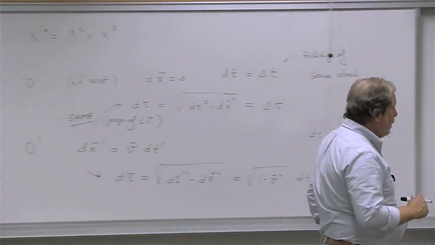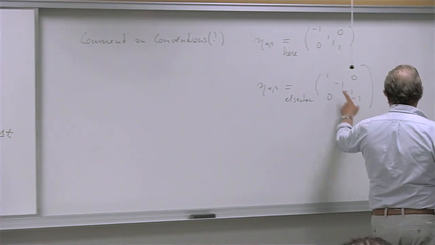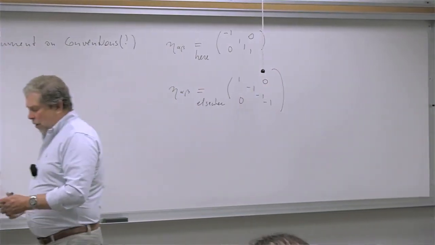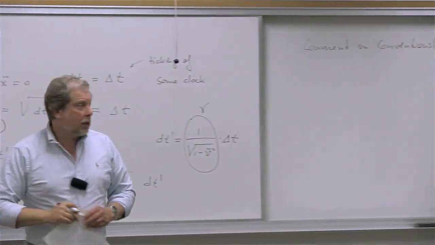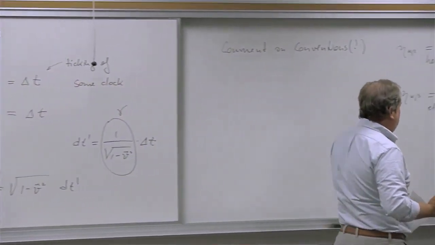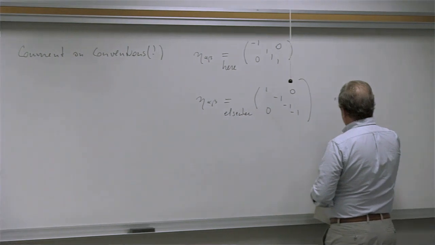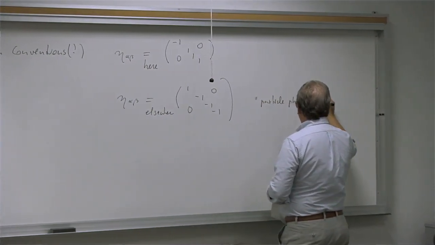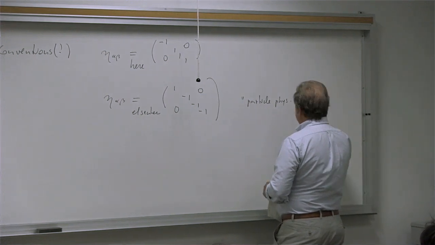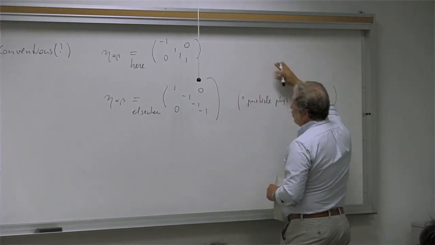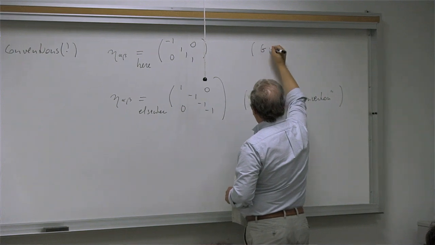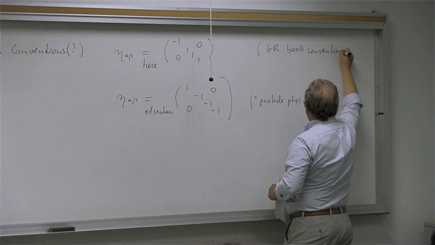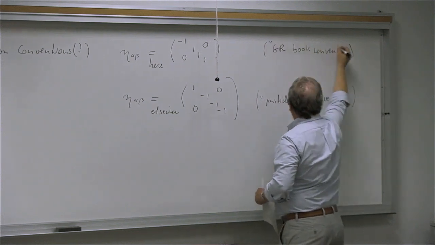In particular, Einstein's original paper, 1916, uses this one, and Weinberg uses that one, but sometimes the second one is referred to as the particle physics convention. And usually GR books have the top one, even though there are exceptions.